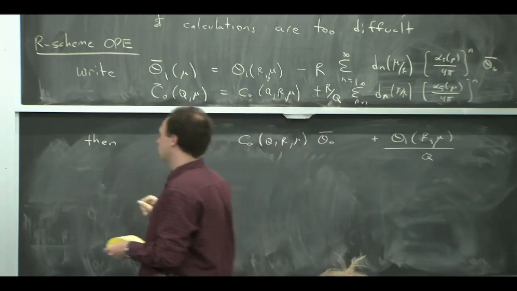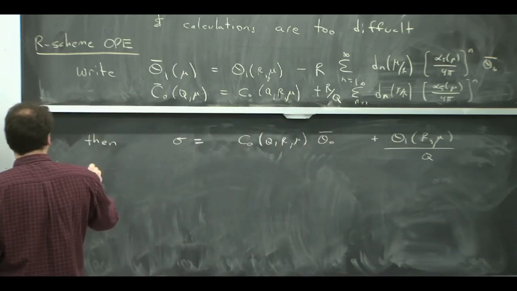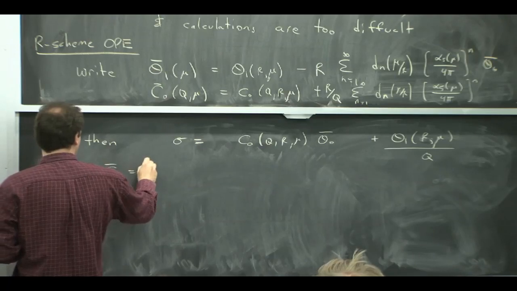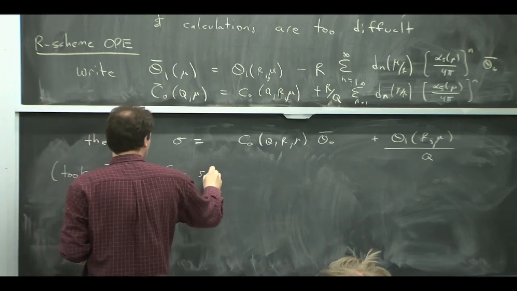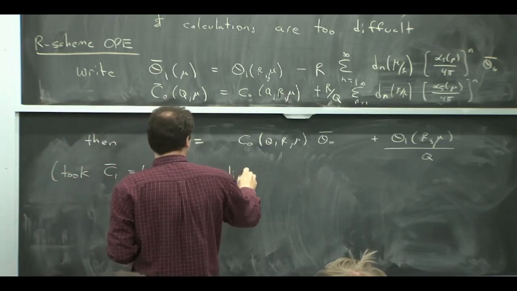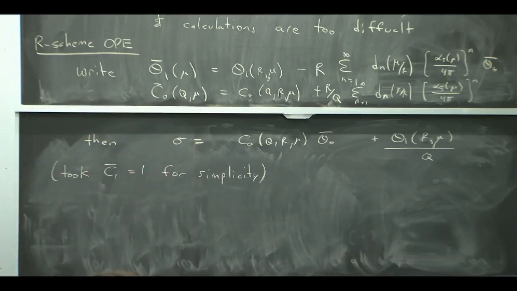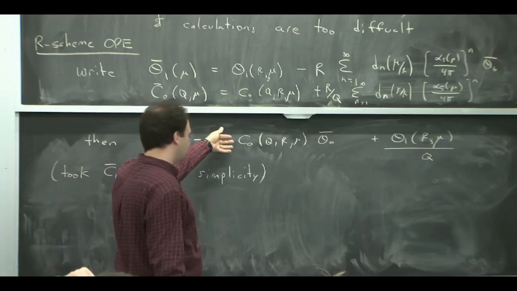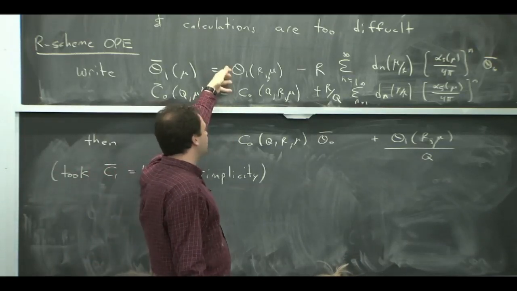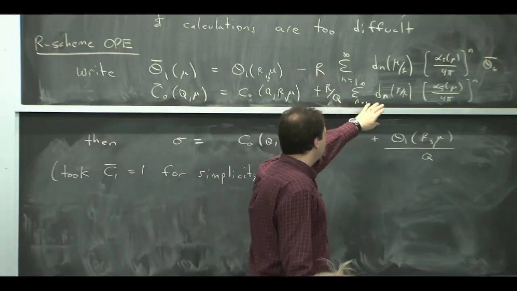I took, in this example, C1 equal to 1 for simplicity. It's a little more complicated if I want to keep it, but we could keep it if we needed to. So basically, I've made a rearrangement to some equivalent OPE by just changing the definitions here.